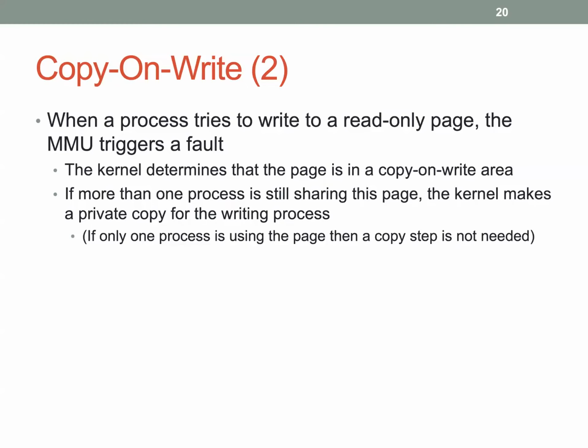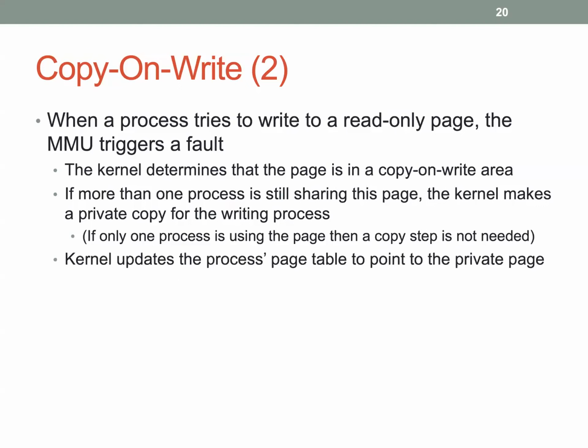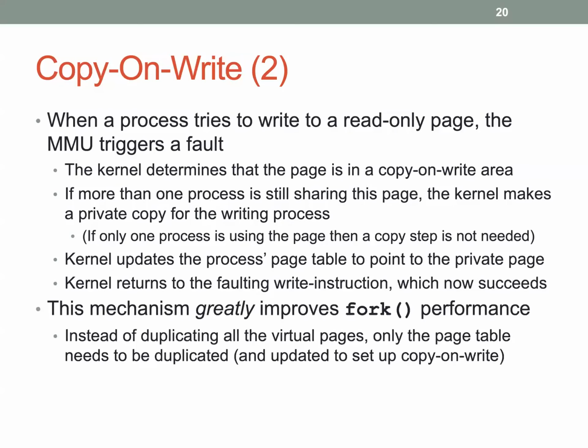Okay. As I say on the slide, if you only have one process sharing a copy on write page, it becomes a no-op. The kernel just sets the page's access mode to read write, and then it goes on. Okay, so kernel updates the process's page table. So we say we tried to write to a copy on write page. The kernel makes a duplicate, and then it updates the process's mapping to point to the copy. And then the faulting instruction will succeed.